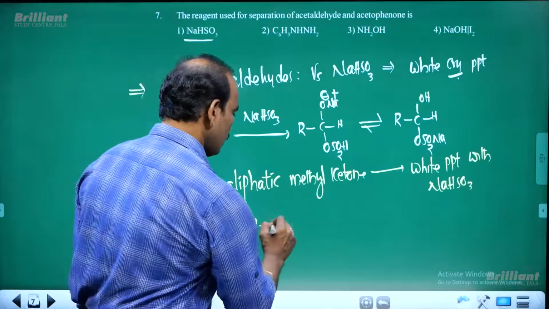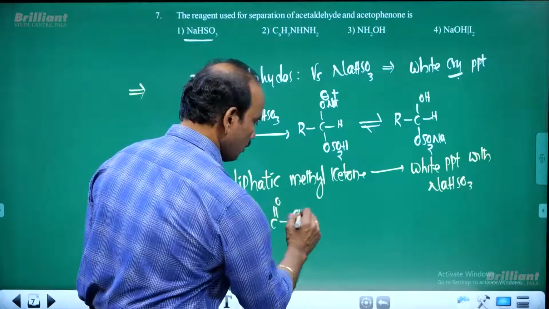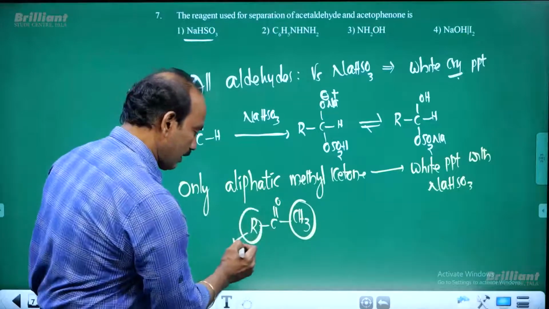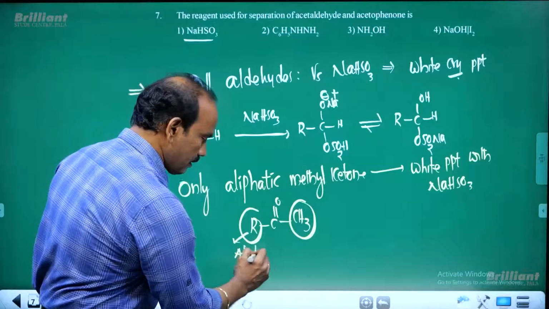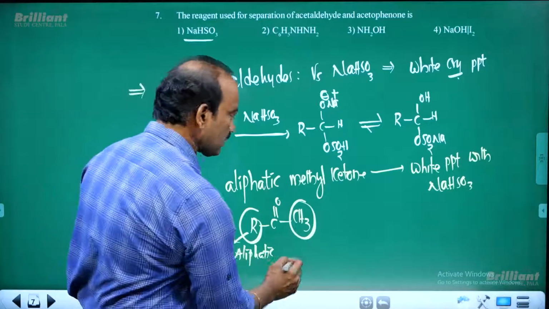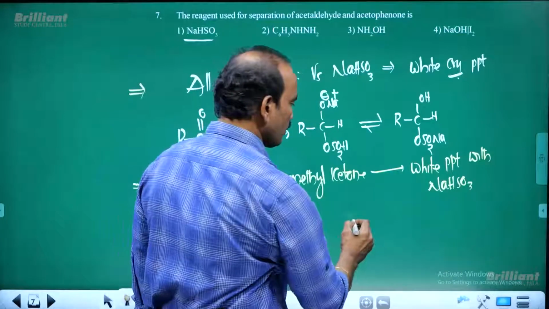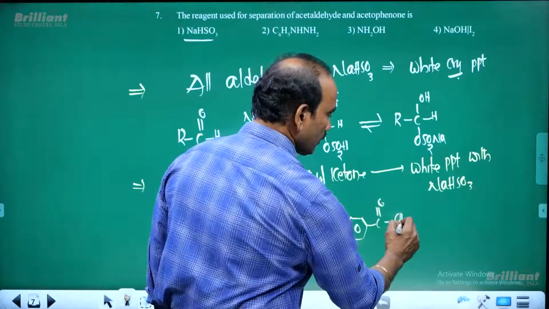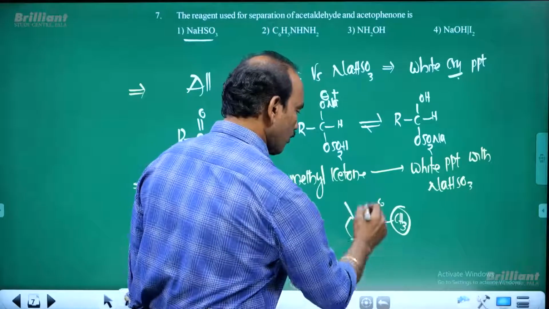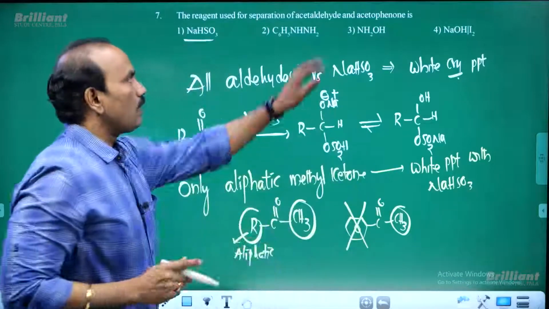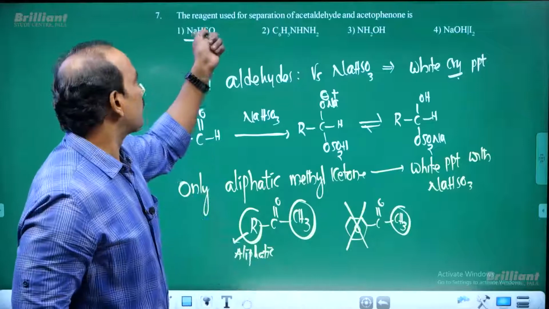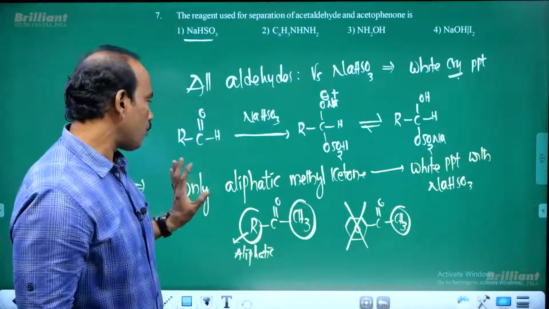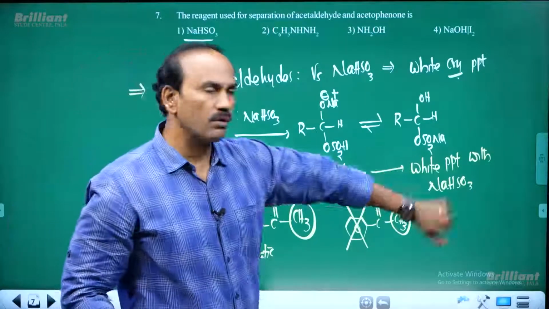R C double bond O CH3: one side is methyl, one side compulsorily aliphatic, but not aromatic. Acetophenone is CH3 here, but is not valid. That's why aldehydes and acetophenone can be distinguished by using sodium bisulfite. All aldehydes give a positive test, but only aliphatic methyl ketones can form it. Clear?